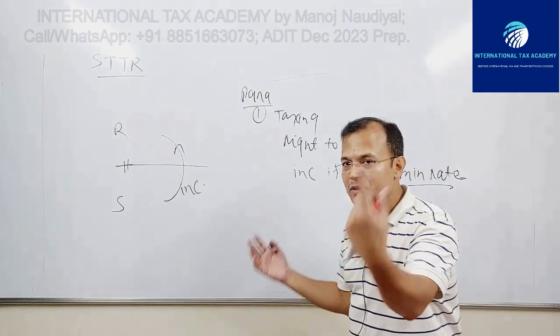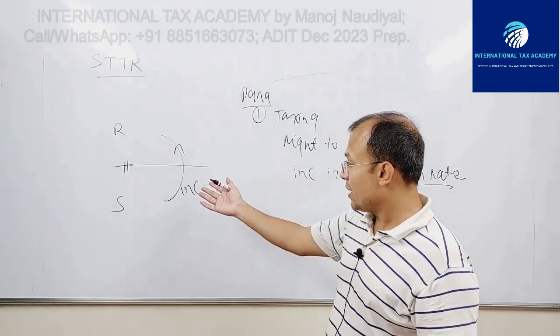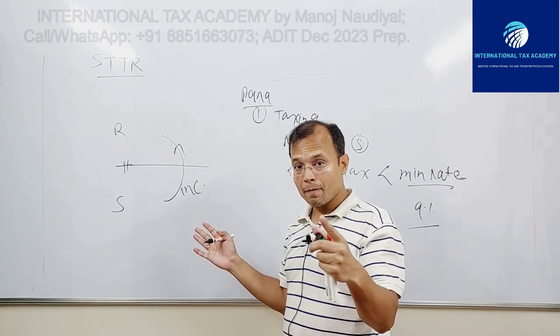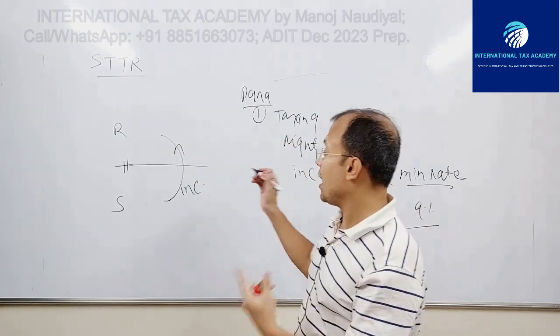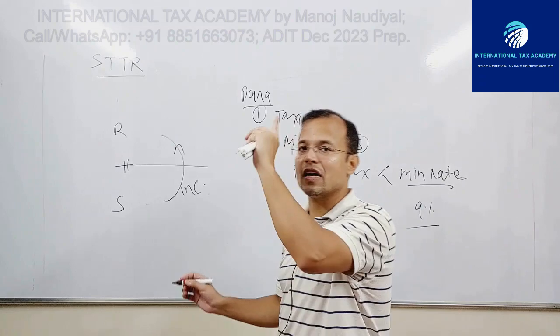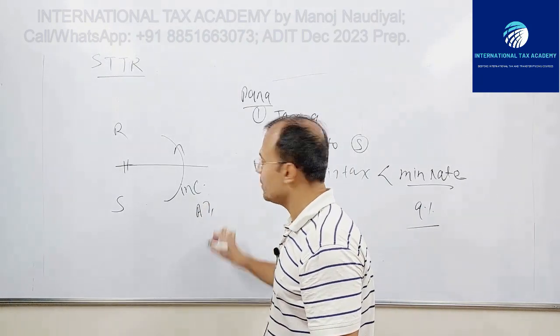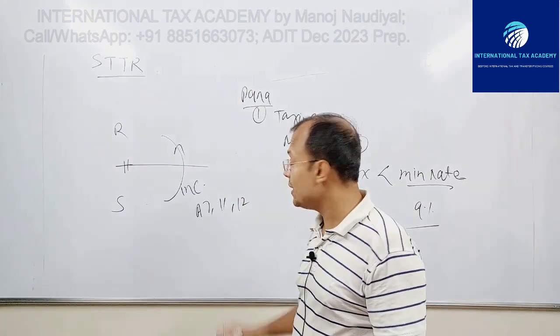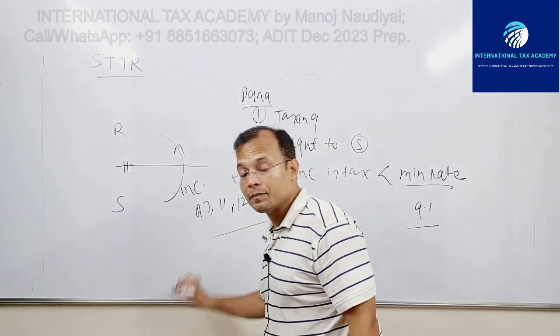Two conditions have to be satisfied. First, under the existing tax treaty between R and S, there are specific articles, Article 7 business profits, Article 11 interest, Article 12 royalty, Article 21 other income.